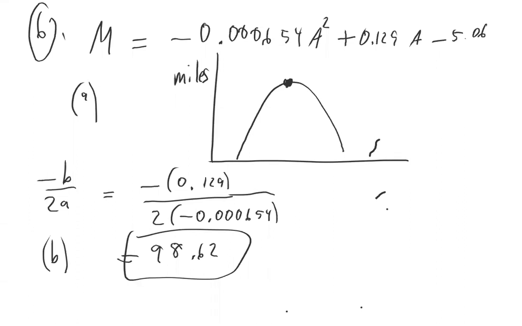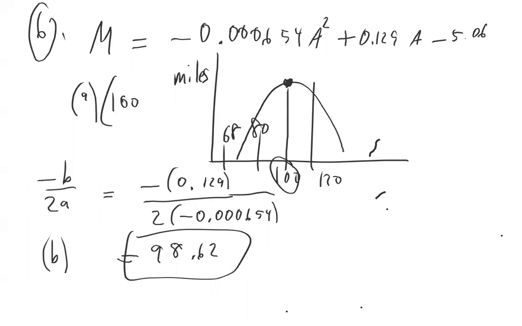So it's like 60, 80, and then like 100, 120, like that. So according to the graph, the best point would be about 100 miles per hour, right? Because that's the closest value on the x-axis to the highest point of the graph. So the answer to part A is actually just 100 miles per hour.